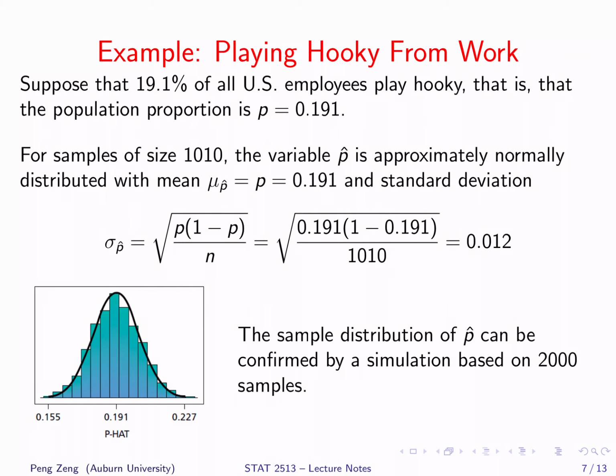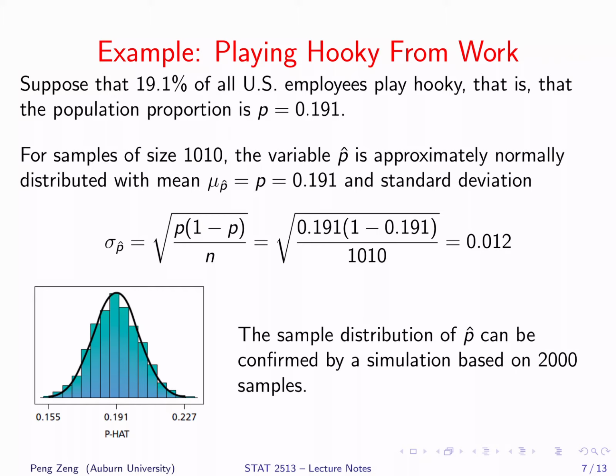In the example of playing hooky from work, suppose that 19.1% of all US employees play hooky. That is, the population proportion is P equals 0.191. The sample size is 1,010.